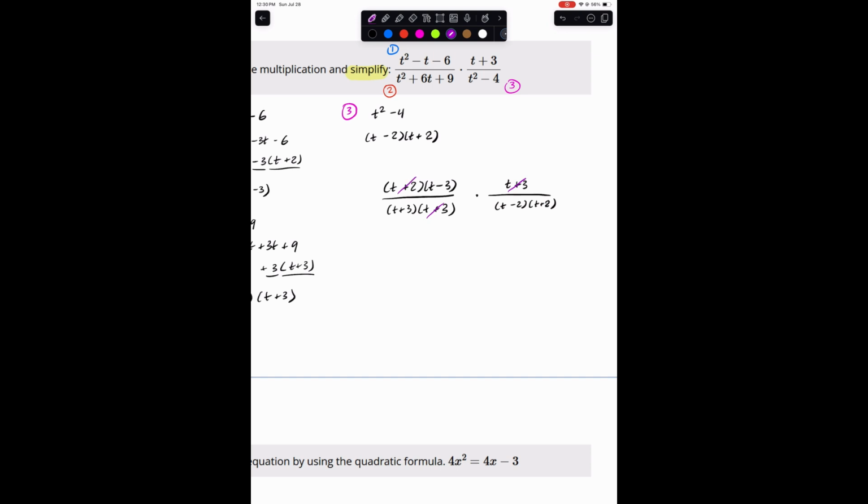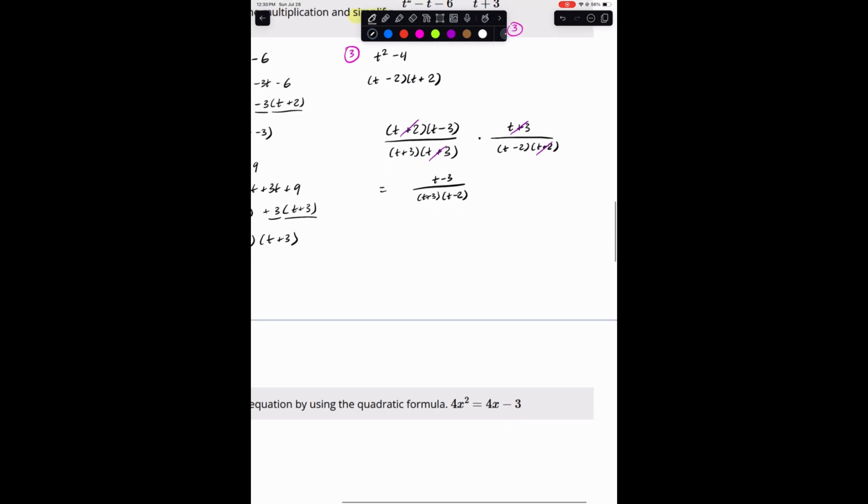This t plus 2 cancels out with t plus 2, and you're left with t minus 3 over t plus 3, t minus 2. We can't factor this out anymore, nor cancel anything, so we will just FOIL the bottom.